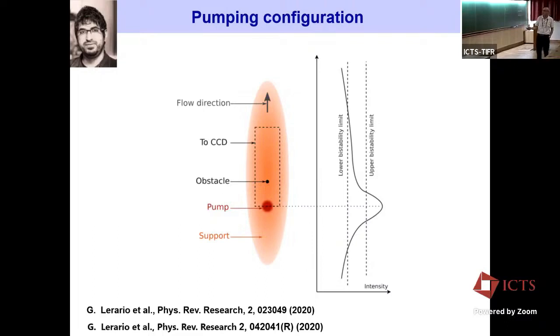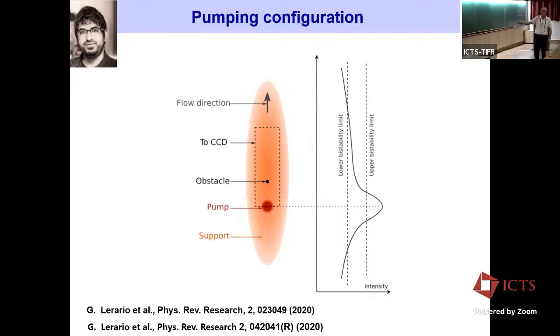But then when the fluid is approaching the obstacle, we can see here that the intensity is decreasing. In particular, around the obstacle and in this wake, the polariton density is lying here in the bistable cycle, and here the phase is free to evolve, and then we can observe in this region the formation of topological excitation.